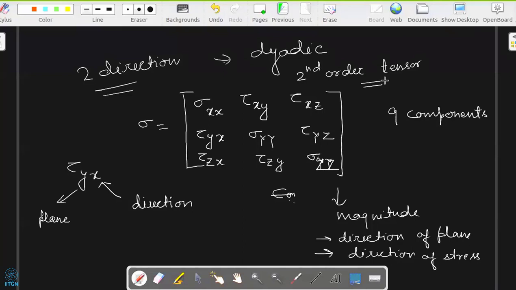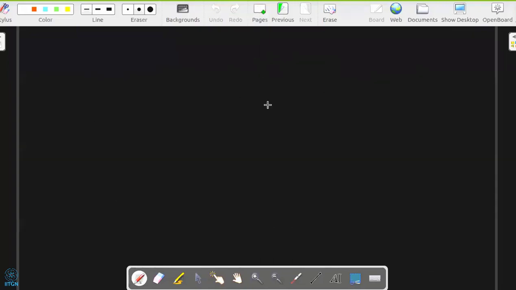So when we are dealing with mechanics of deformable body, our physical quantity is of higher order than the vector quantity. If I make it general, tensor is actually a generic term, and even a scalar is one kind of tensor.